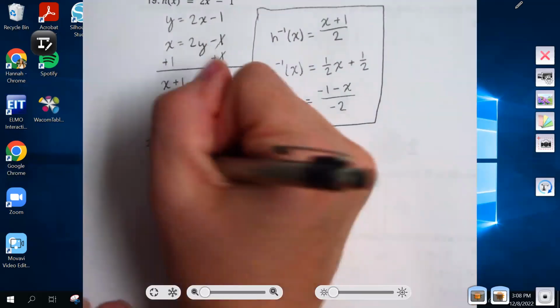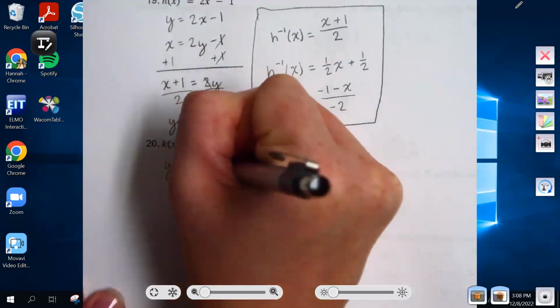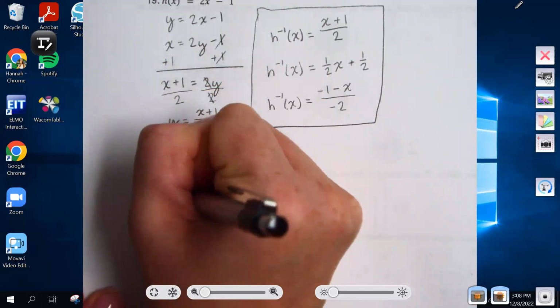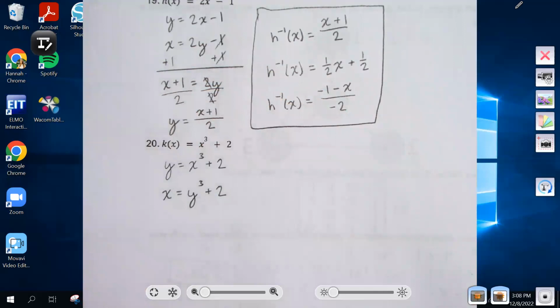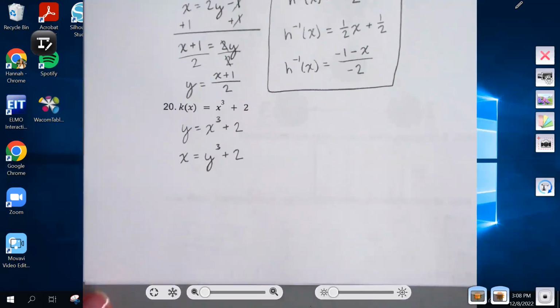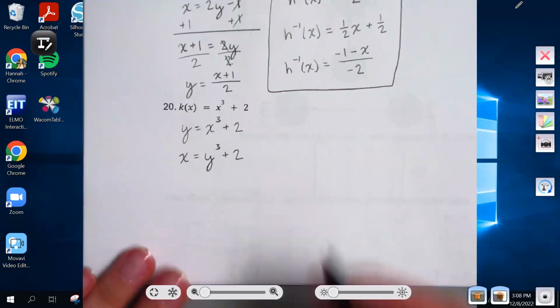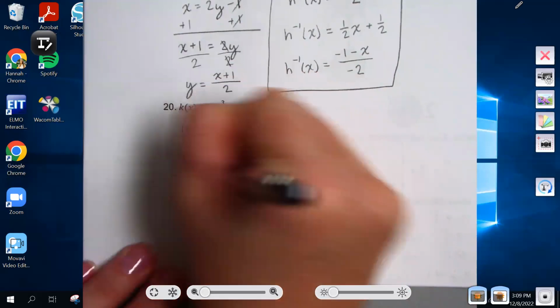Okay, last one. Change function notation to y and switch the x and the y. And now we want to solve for y, so let's get rid of plus 2 by subtracting 2 from both sides.